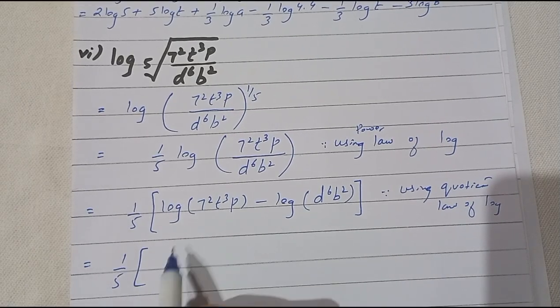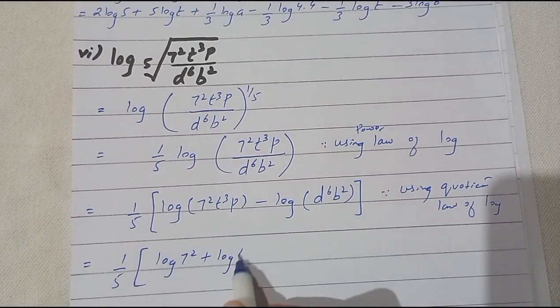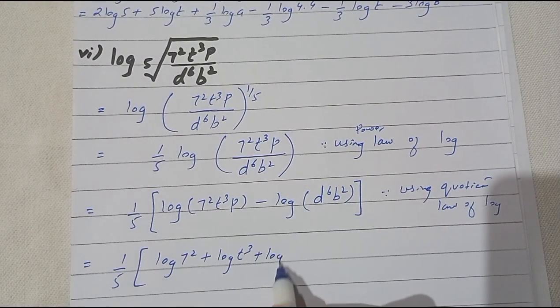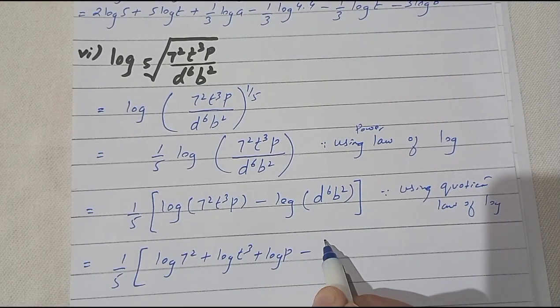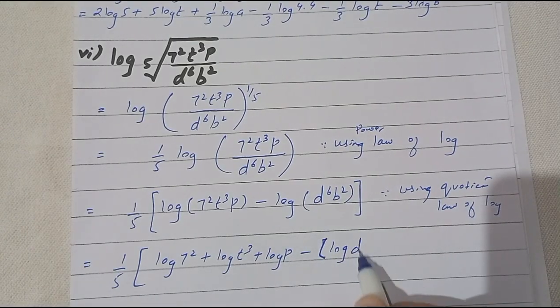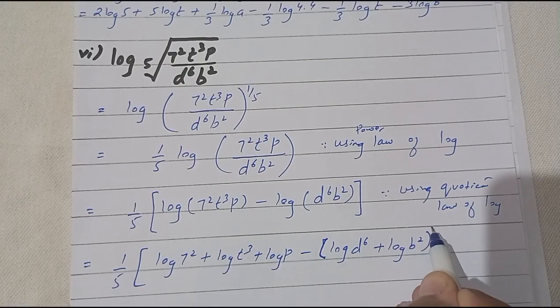Now applying product law, that is log of 7 square plus log of t cube plus log of b minus log of d power 6 plus log of b square.